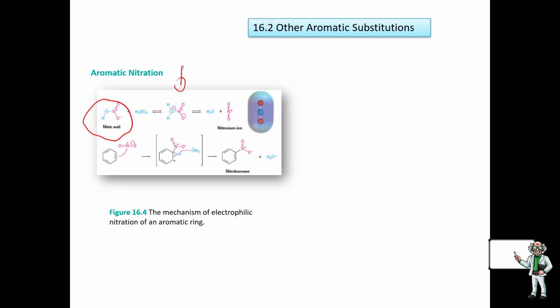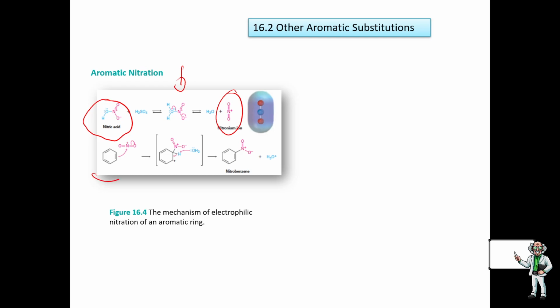Remember, when we want to eliminate alcohols in organic chemistry, we add acid in order to make water a leaving group, because hydroxyl groups are very bad leaving groups, water groups are very good. Then once we form the water, basically we eliminate water and we generate this compound, this nitronium ion, this NO2 cation, and then the reaction is exactly the same.